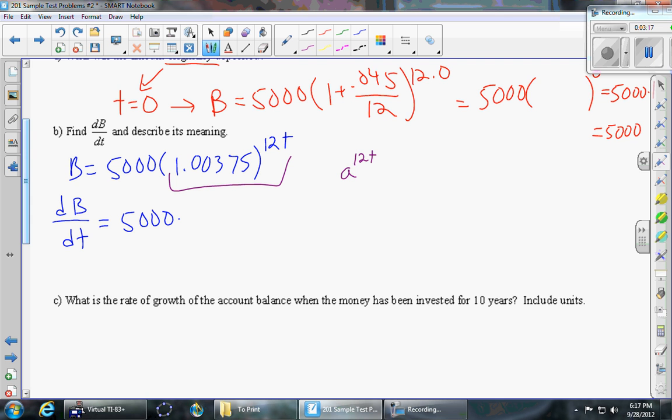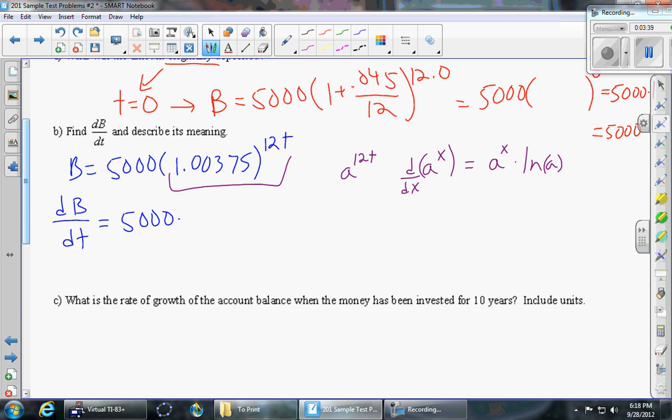Do we have a formula for a to the x? We do. The derivative of a to the x is a to the x, copy that stuff just like it is, times ln of a, whatever a is. So that's the formula we're going to use here.